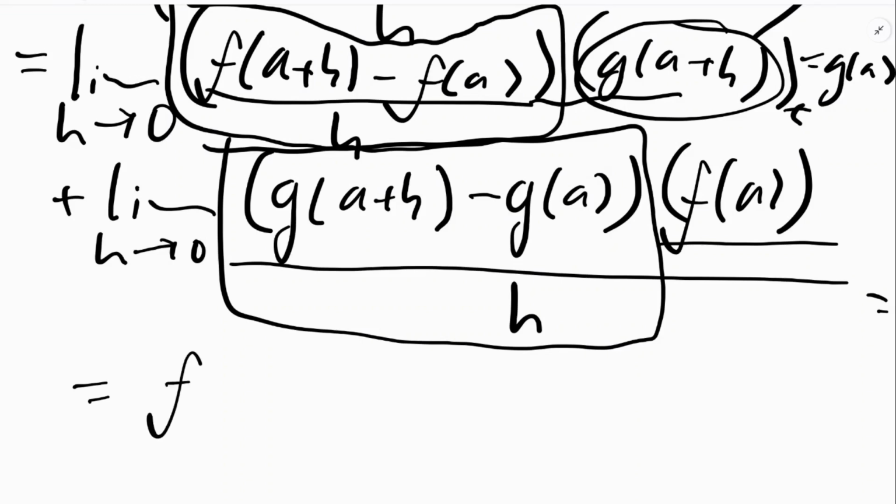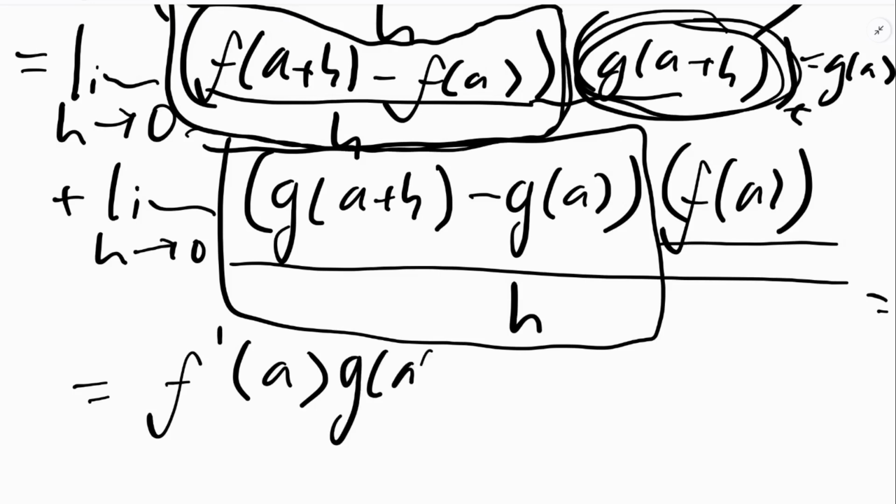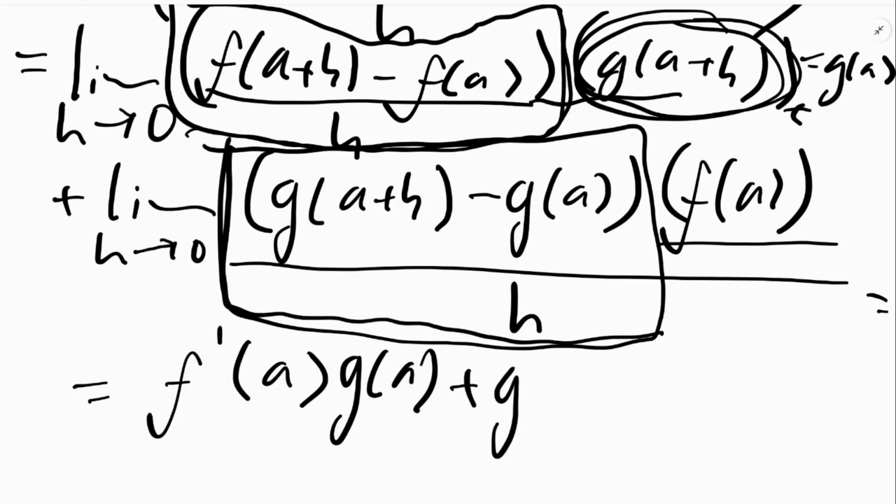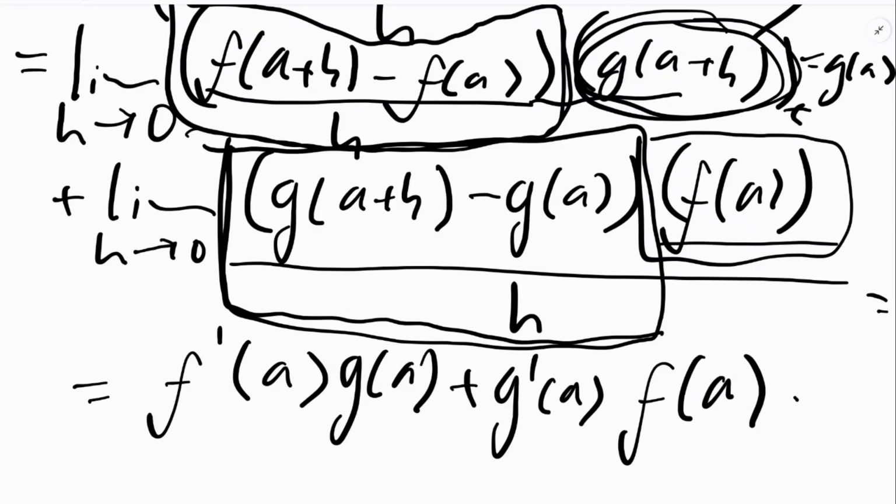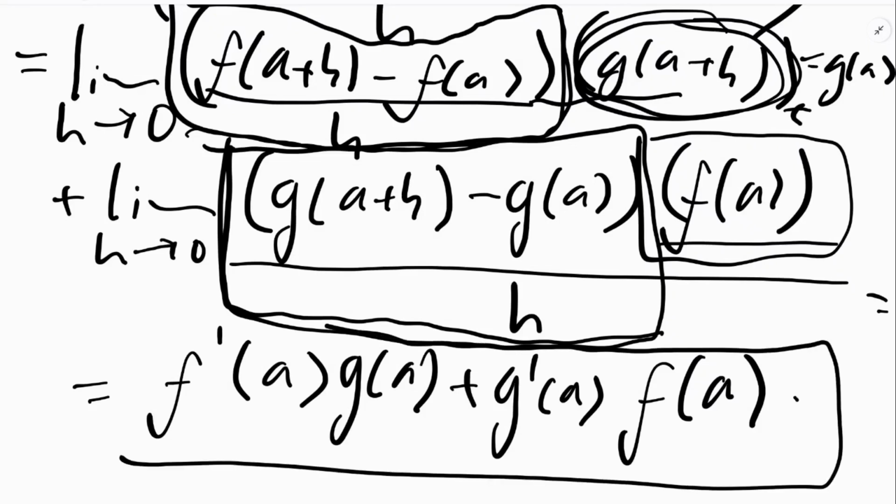So this is all basically f prime of a due to this part, times g of a. And then we add g prime of a times f of a, which we see is exactly the expression we wanted to get to. It's just a flipped order of these two terms, but multiplication is commutative, of course. So that's that.